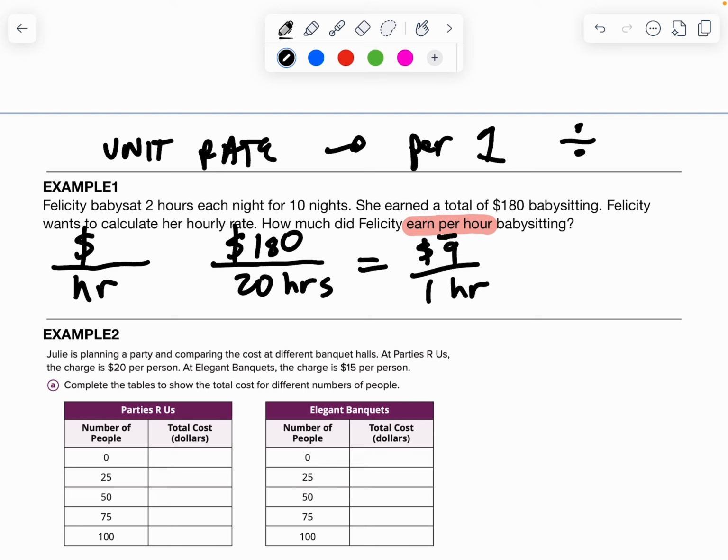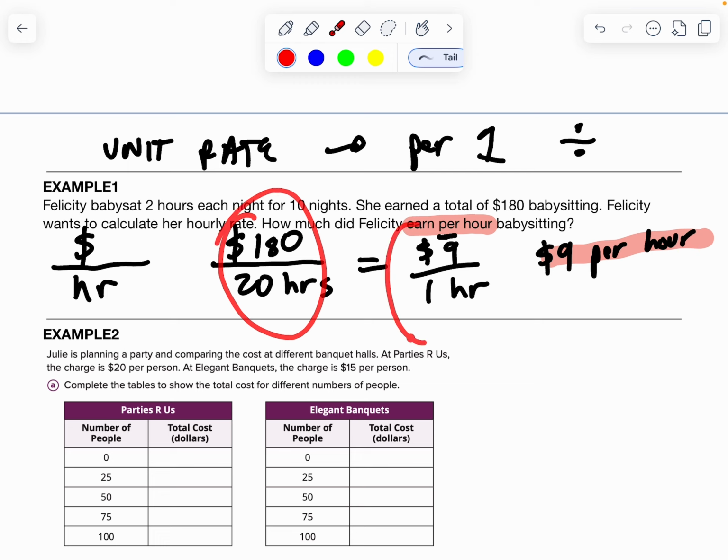All I did there was divide by 20 and reduce my fraction. So the answer is Felicity earned $9 per hour. These two fractions are equivalent, meaning we have equivalent ratios.